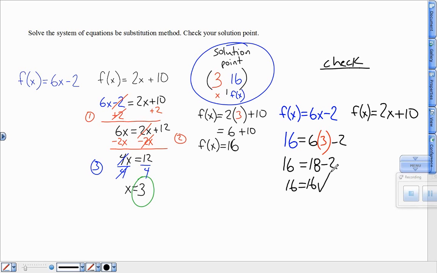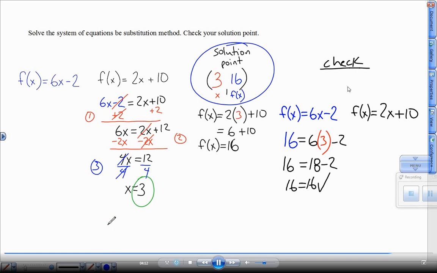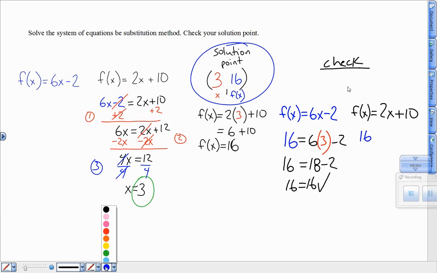So now if I plug in 3 for x and 16 for f of x in the second one, it will also work. So 16 for f of x, where there's an x, I plug in 3. Everything else stays the same. And that gives me 16 equals 6 plus 10, and that is a true statement.